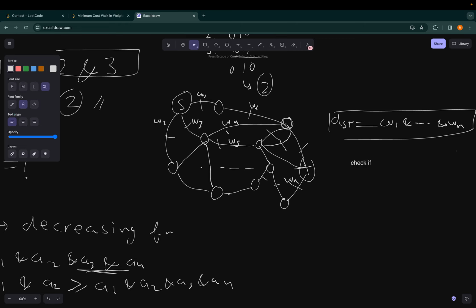Check if S and T lie in the same connected component, right? So this is step 1.